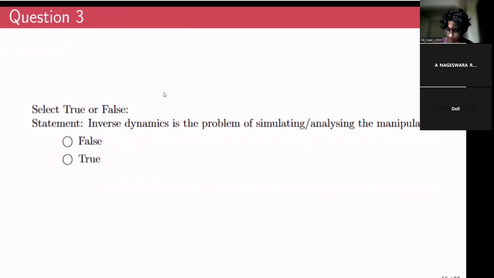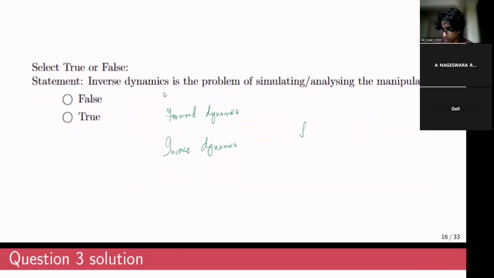Like we have seen forward dynamics, and we have seen inverse dynamics. Consider a generic robotic system of the form tau equals M of q, q double dot, plus N of q.